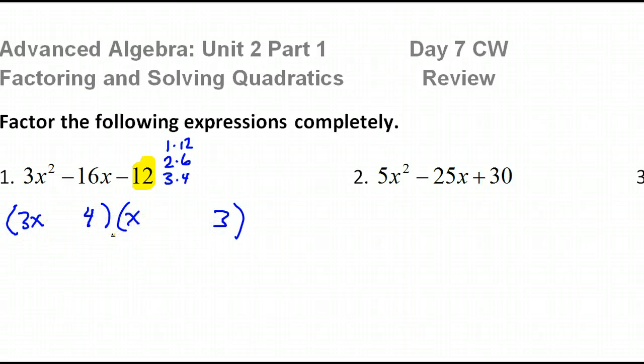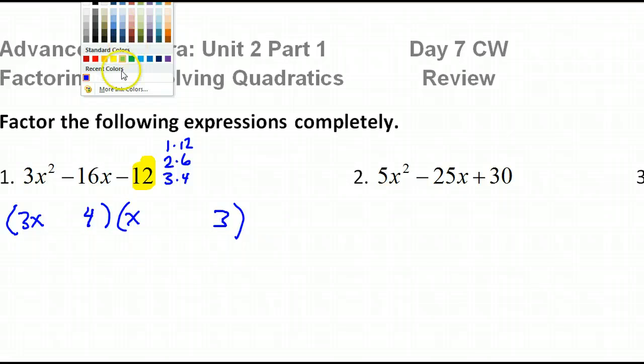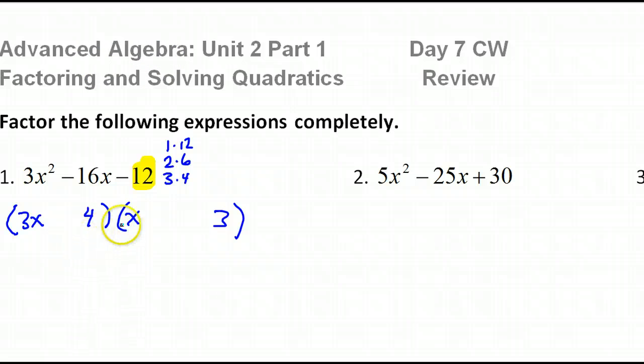Now, to see if this is right or not, check the inner and the outer. The inner plus the outer has to equal the middle. Alright. Let's see. I think I'll just do this in red. Inner, I've got 4x. So I like to put a little 4x right here. Outer, I've got 9 because I'm multiplying. Alright, I've got 9x.